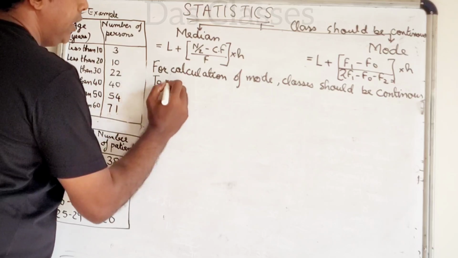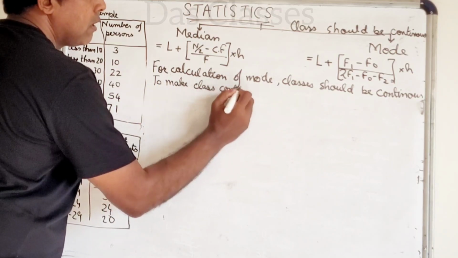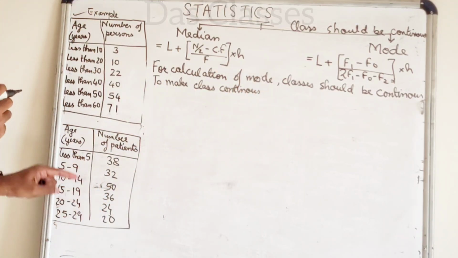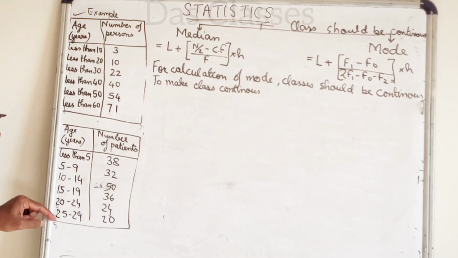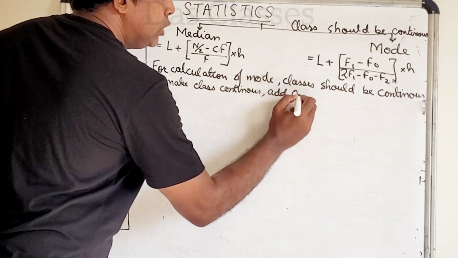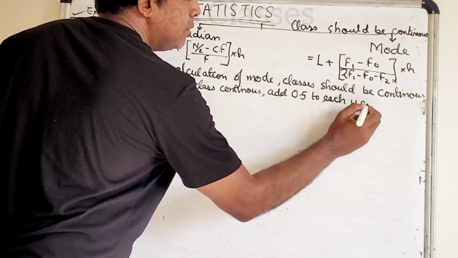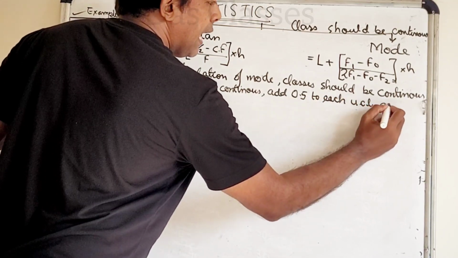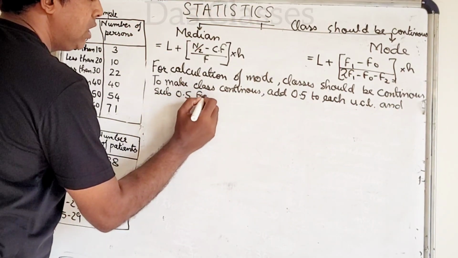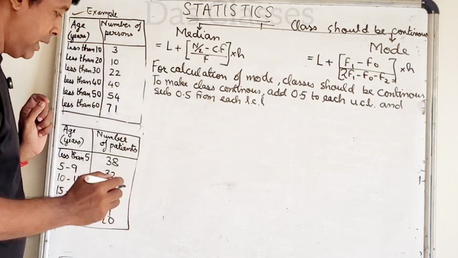To make the class continuous, we have to add 0.5 to each of the upper class limits, UCL, and subtract 0.5 from each of the lower class limits. Okay, let's do it.